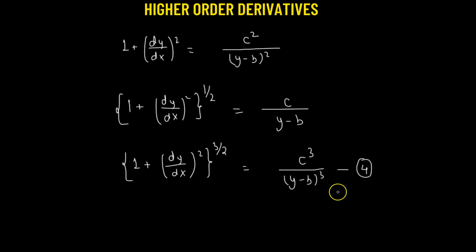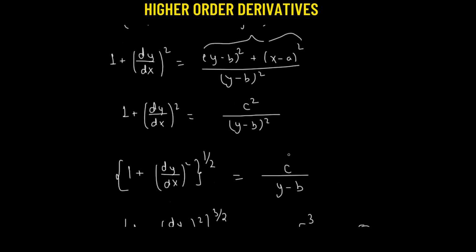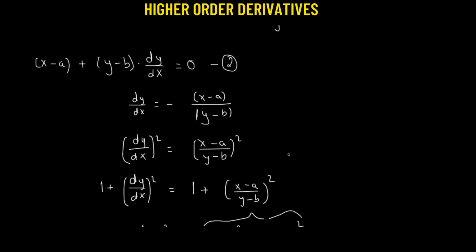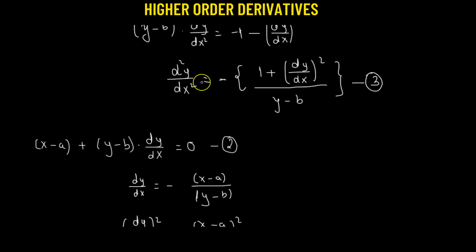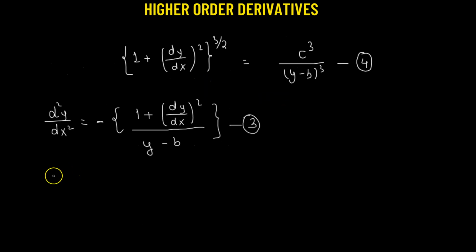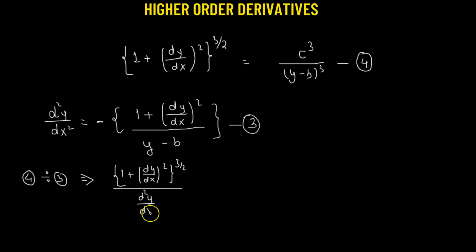We'll use this value. Now we will go back to our equation number 3 and use this equation. We'll divide equation number 4 by equation number 3. That gives us (1 plus (dy/dx) squared) whole raised to the power of 3 over 2 divided by the second derivative of y with respect to x.